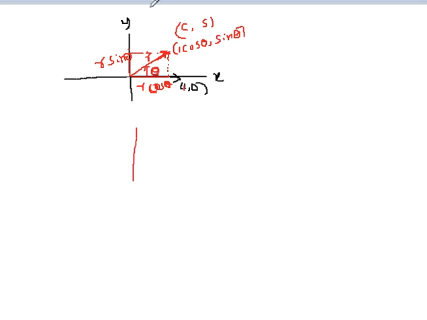Similarly, if the vector is lying along the y-axis, when it is rotated by an angle theta, it will go in this direction.